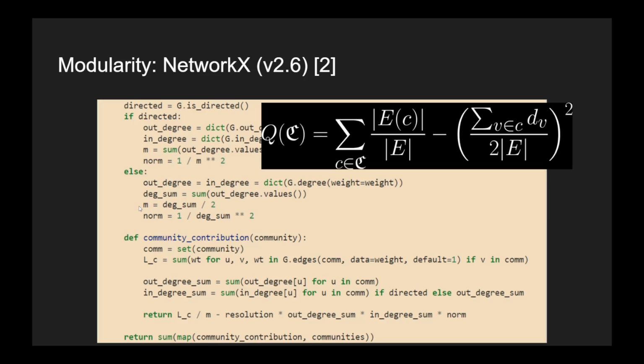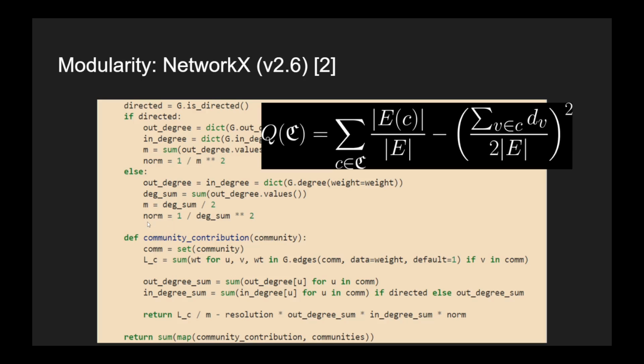Here it's collecting some terms, so it's setting m equal to the degree sum divided by 2. So really that's going to equal the number of edges in the graph. And it's setting up this normalization term, which is 1 over the sum of the degrees squared.